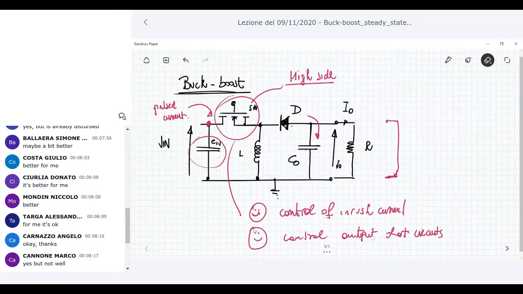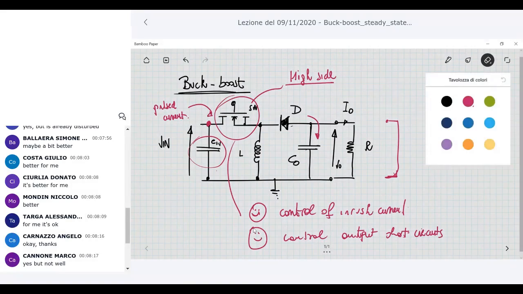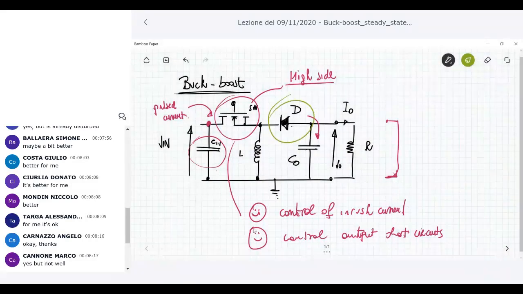By the way, the input side looks like that of a buck. What happens looking at the output side? If you look at the output side, then you can immediately verify that you have a diode here, and so this is the same that you had in the boost converter.